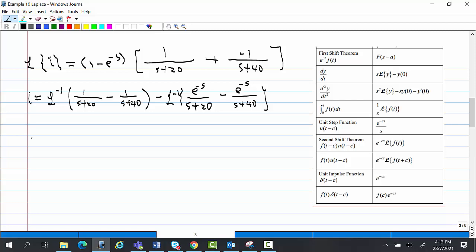Okay, then the first term is equal to e power minus 20t, then minus e power minus 40t.